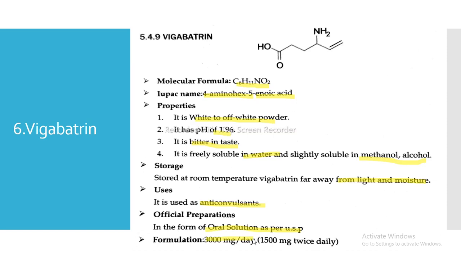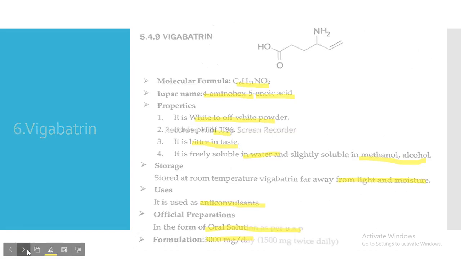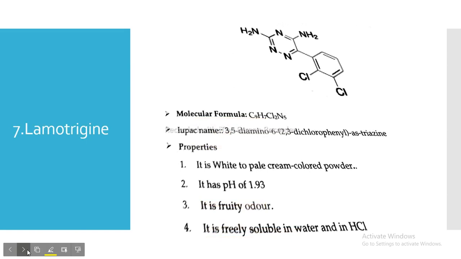Molecular formula and IUPAC are very important for this drug. And the last drug we have is Lamotrigine. So this is the structure and the formula is C9H7Cl2N5.